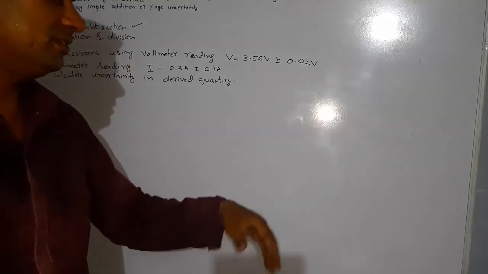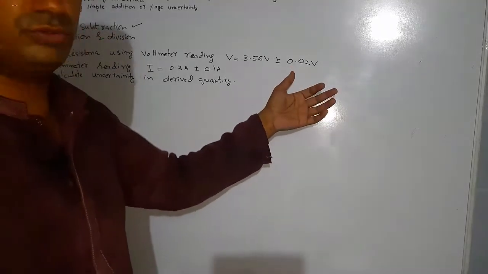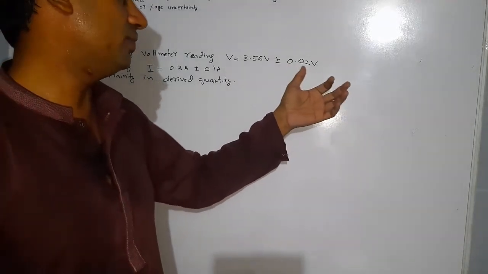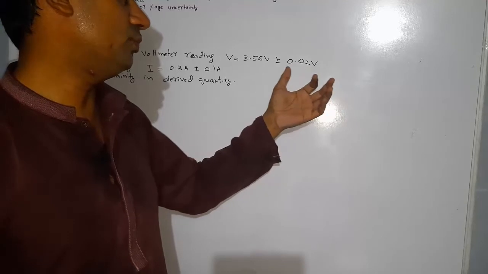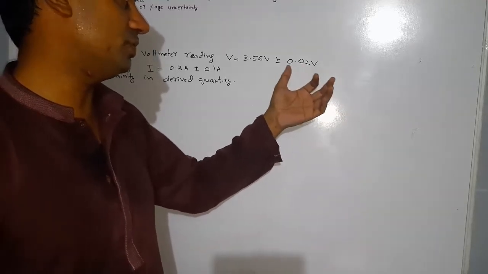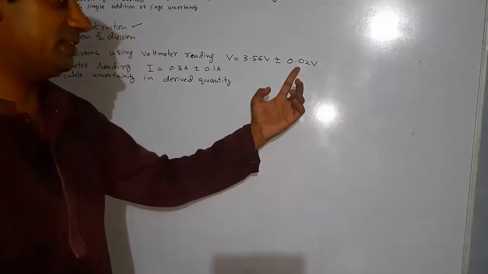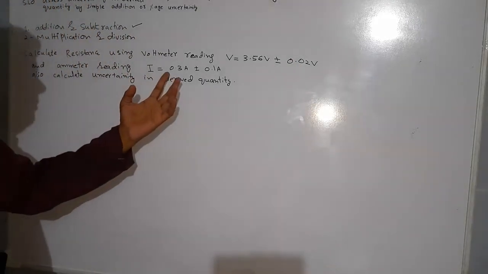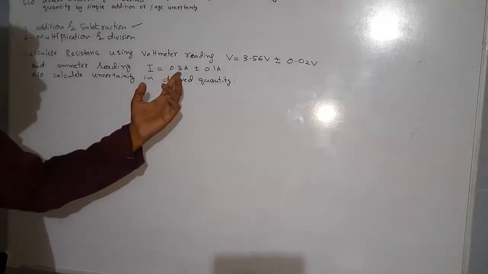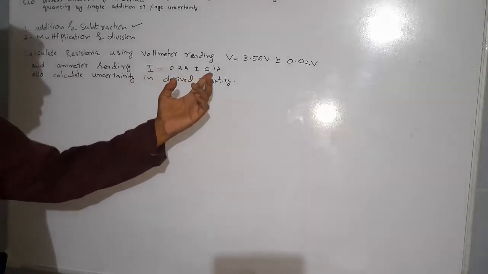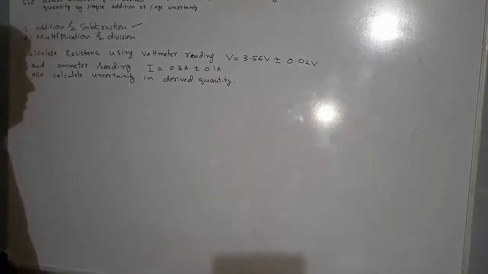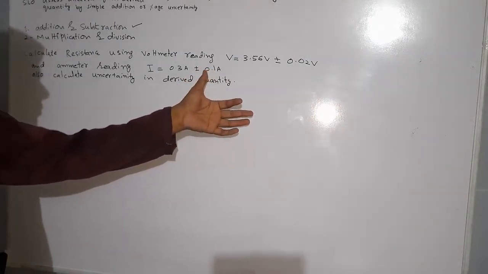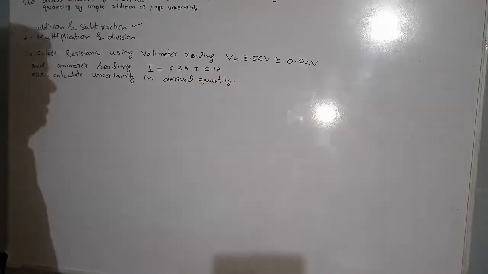We have just taken a random value to understand. 0.02 volt means the least count for this instrument, or absolute uncertainty, the minimum it can measure. Likewise, ammeter reading, we have I equal to 0.3 ampere plus minus 0.1 ampere. After this plus minus, 0.1 indicates the least count for this ammeter, that is 0.1 ampere.